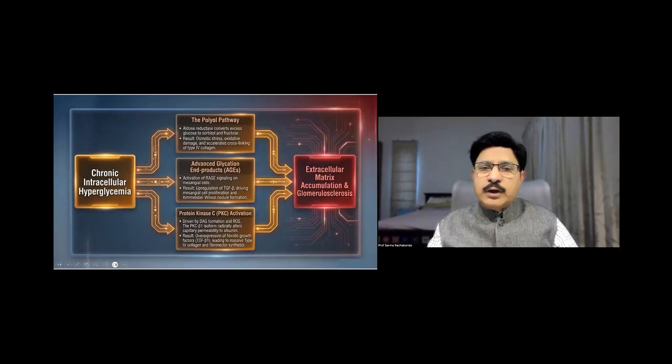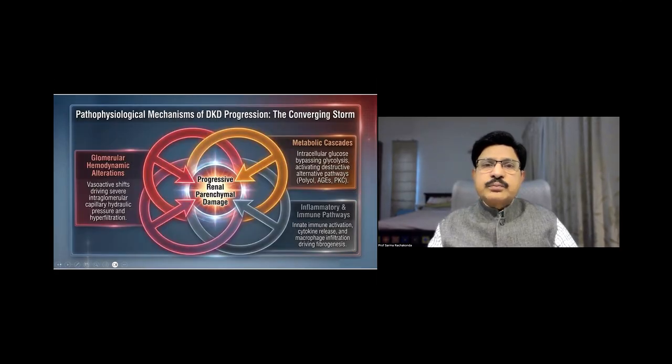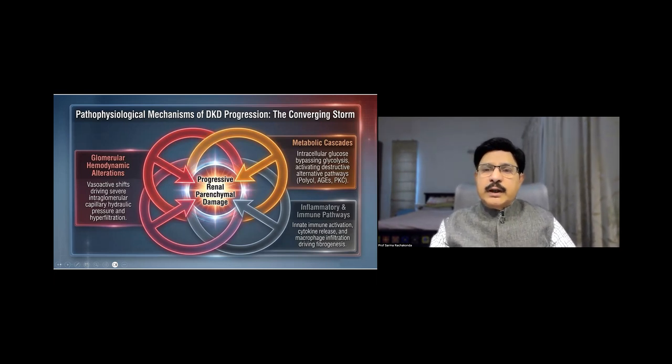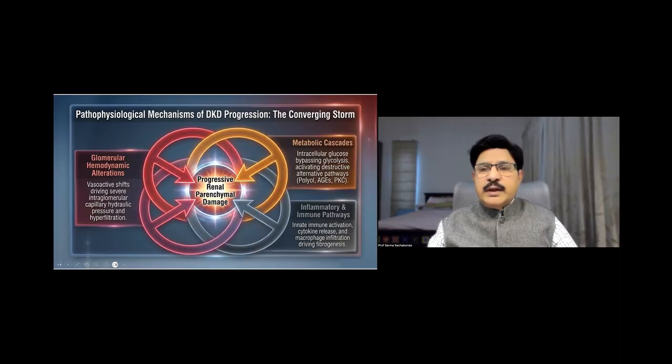Now, in the pathology, there are vasoactive shifts driving severe intraglomerular capillary hydraulic pressure, and a metabolic cascade bypassing glycolysis: the polyol pathway, the AGEs and the protein kinase C pathway, and inflammasomes working for the immune inflammation, all causing progressive renal parenchymal damage.